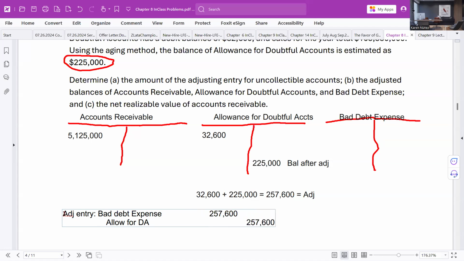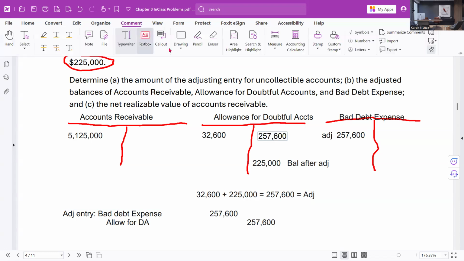So the adjustment here is debiting bad debt expense for 257.6 and crediting the allowance account for 257.6.